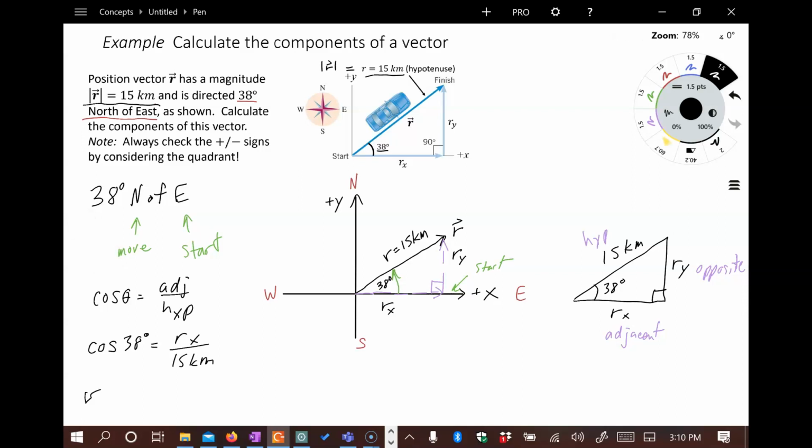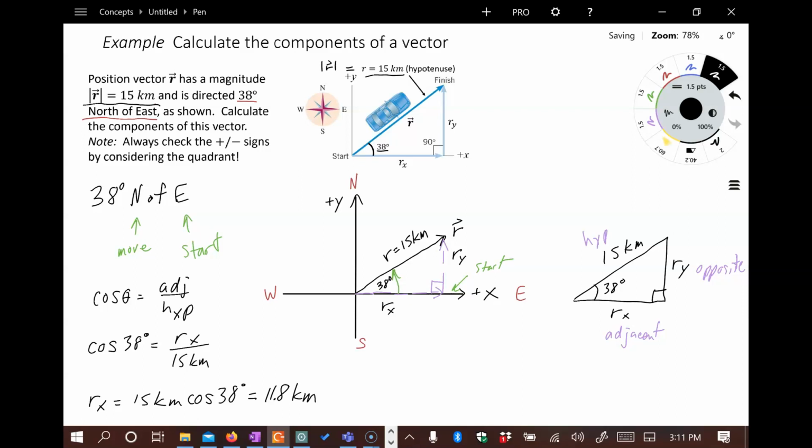Algebraically solving for Rx here, we find that it's equal to 15 kilometers multiplied by cosine of 38 degrees. And when we put that into the calculator, we end up getting 11.8 kilometers.